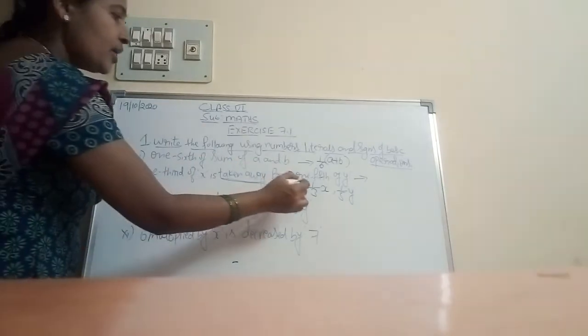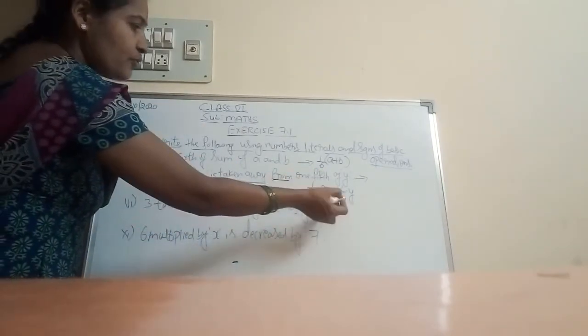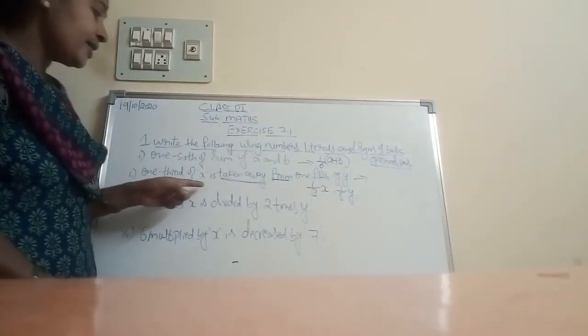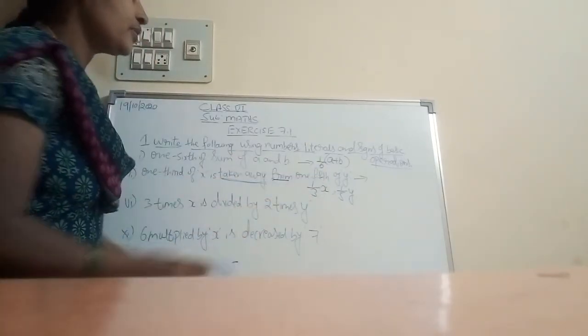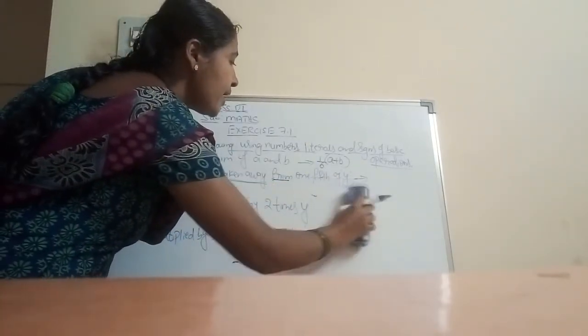Okay, I have written 1/3 of X and 1/5 of Y. Now what they are asking: 1/3 of X is taken away from 1/5 of Y. Then what will be the answer?